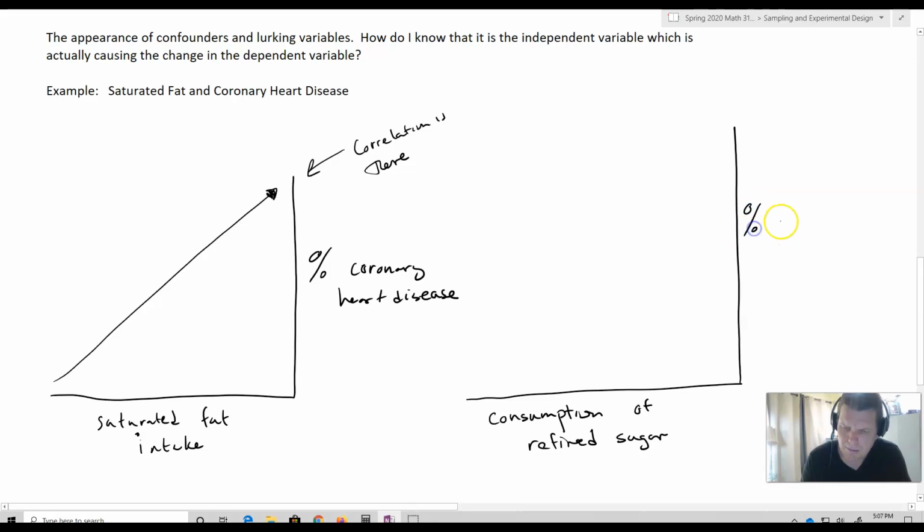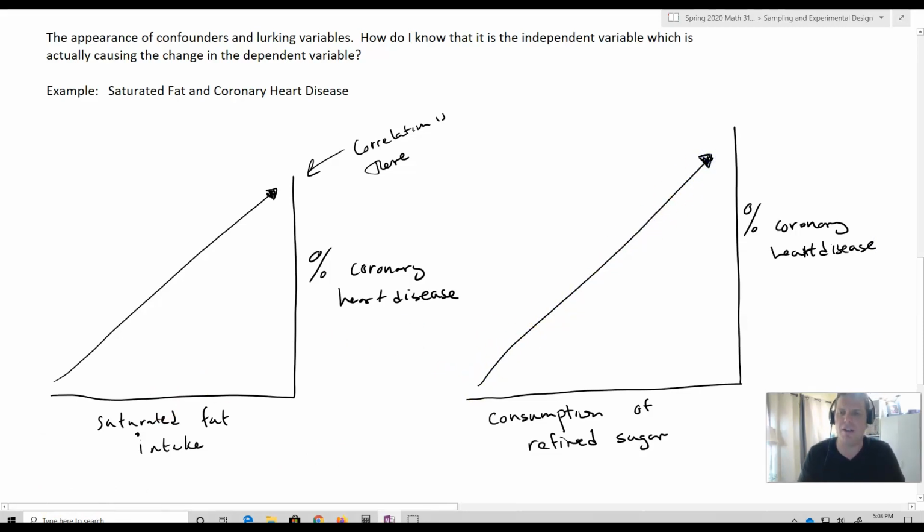So if we look here, now we've got a graph that looks basically the same. The consumption of refined sugar increased, and at the same time, the percentage of coronary heart disease increased as well.